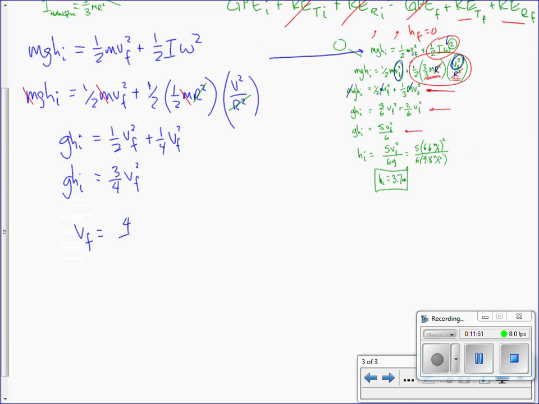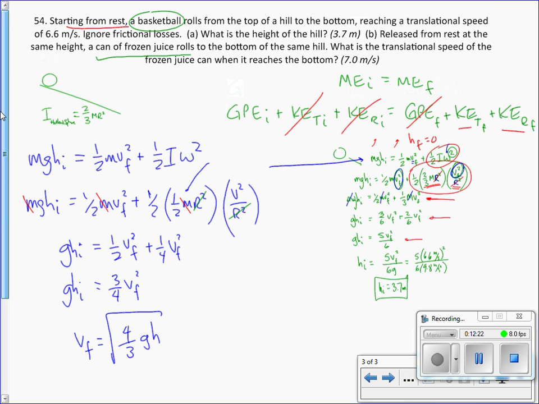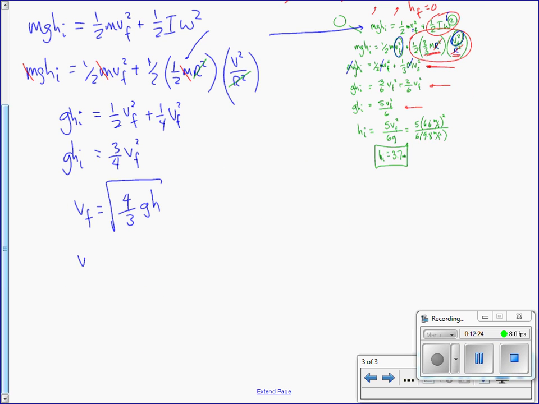So v final is the square root of 4/3 g h. Let's make sure that they wanted us to assume this really was a solid cylinder can with frozen orange juice. And look what doesn't matter: the mass of that orange juice doesn't matter. So the square root of 4 divided by 3 times 9.8 times 3.7 equals 6.95. Sure, 7.0. Okay, v final, we'll call it 7.0.